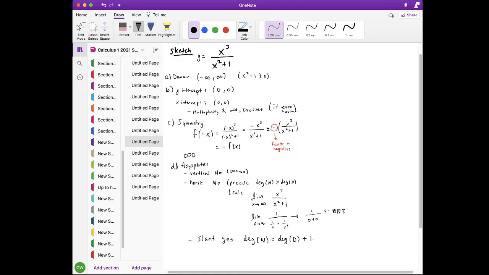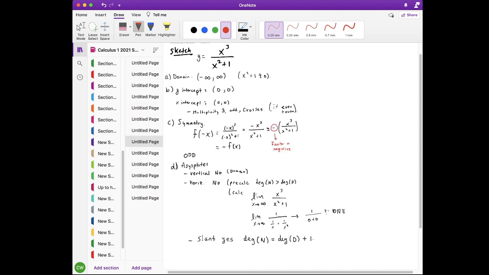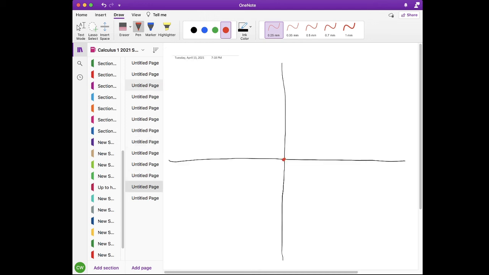The x and y intercept are 0, 0, so let's draw a point there. We have odd symmetry, so we only really care about one side of the graph. And we have a slant asymptote, so let's draw a dotted line on y equals x.